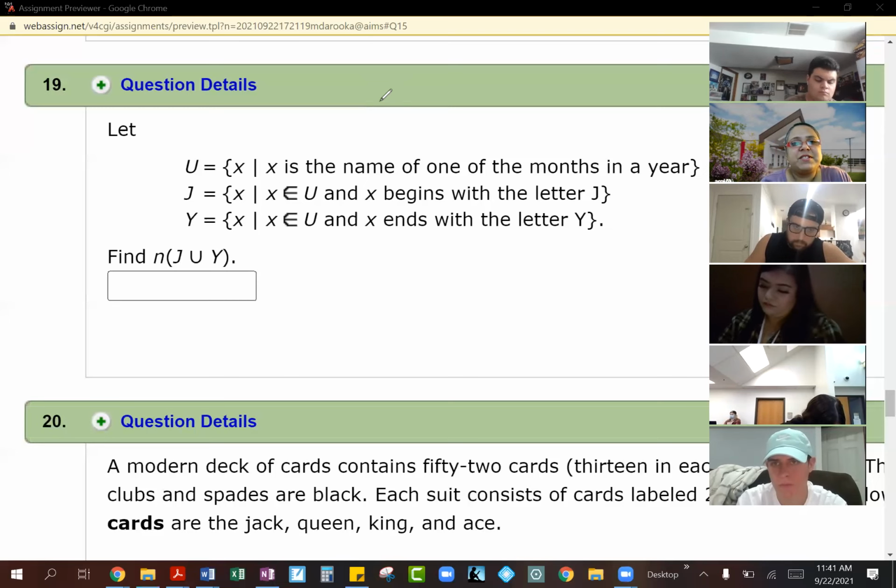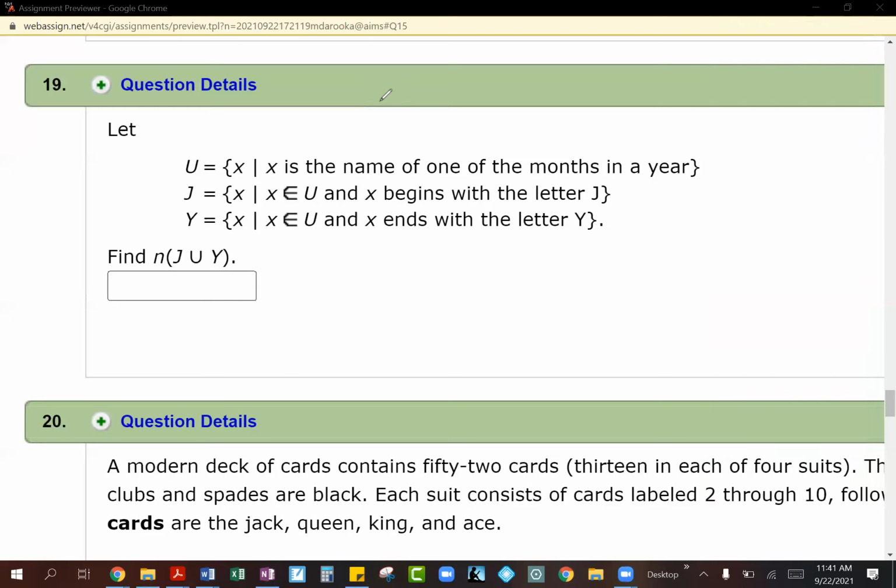Then for set J, X such that X is in the universal set, so X is part of the universal set, but also X begins with the letter J. Can you think about what months will be included in this set? January, June, and July. Very good.